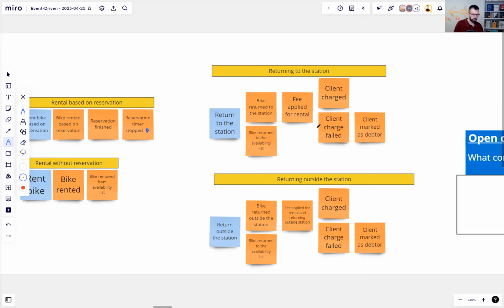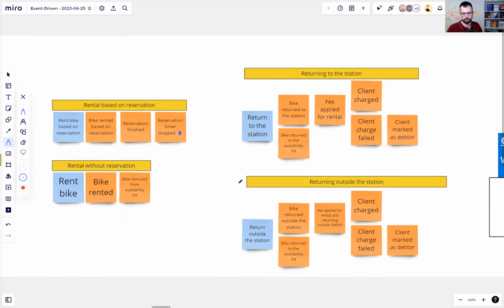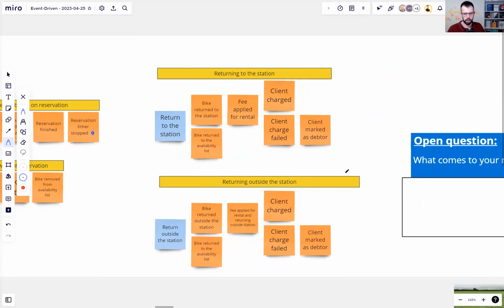These reflections are possible because we have a great visualization of our process, so we can see repetition here, that these processes are similar even though they have different intentions, like reservation canceling by system and returning outside the station. Maybe we'll be able to modularize it.